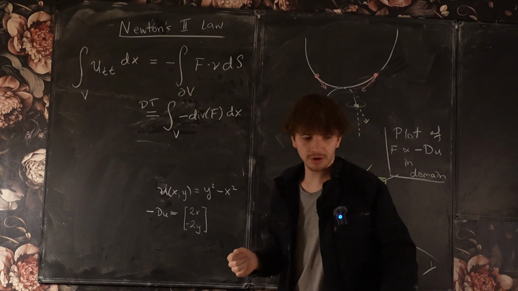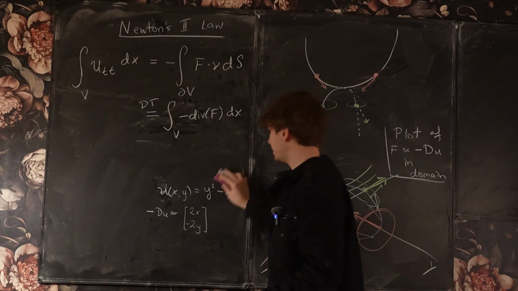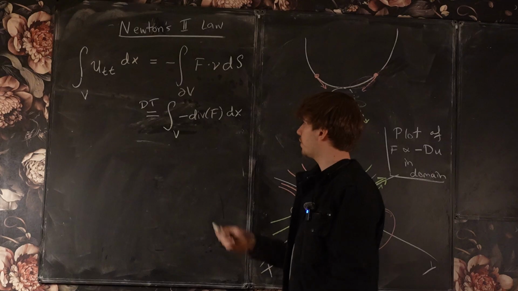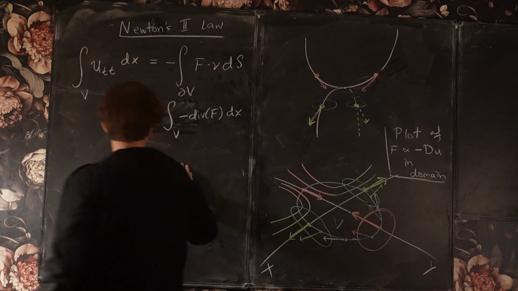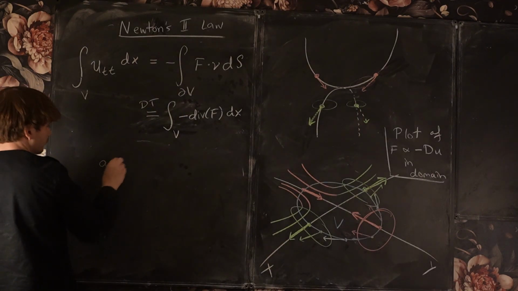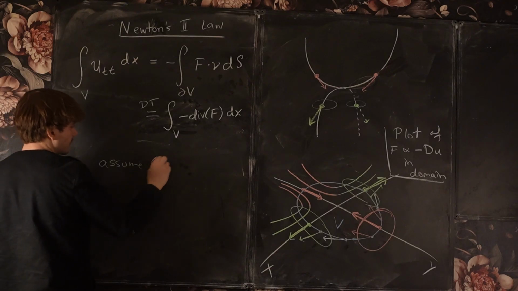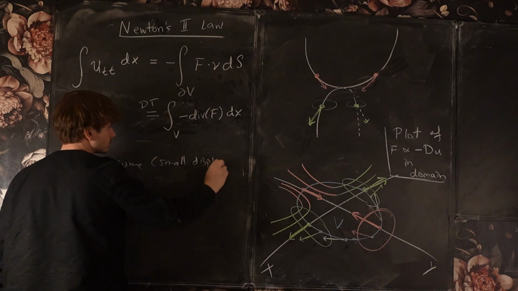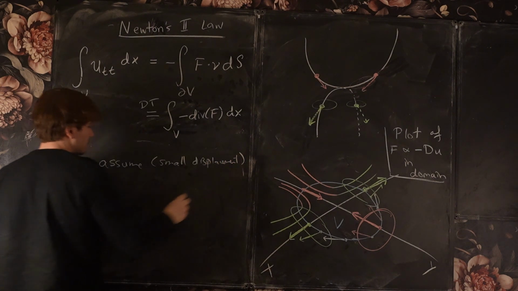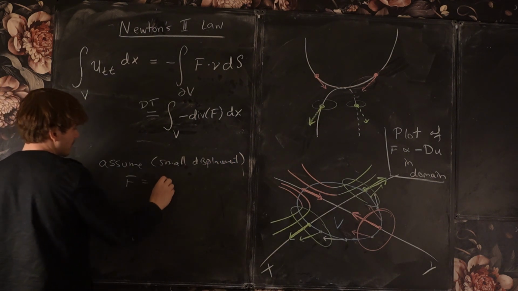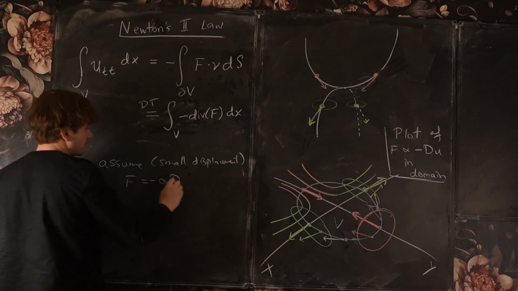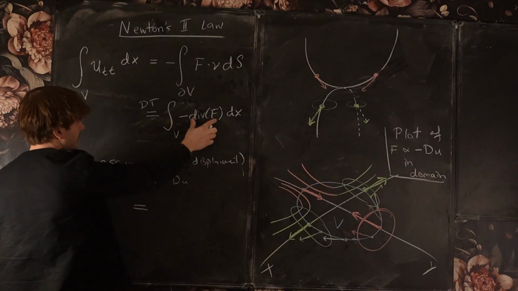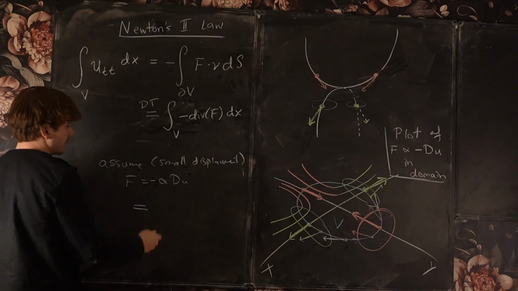Okay, and so now we're going to go ahead and finish off the derivation by equating these integrands. So we're going to first assume, this is a small displacement assumption, that f is equal to some negative constant times the gradient of u, and then in doing so, we can go ahead and replace f by this expression.